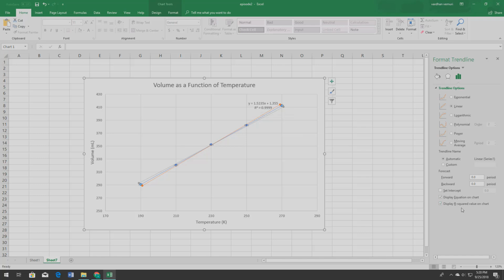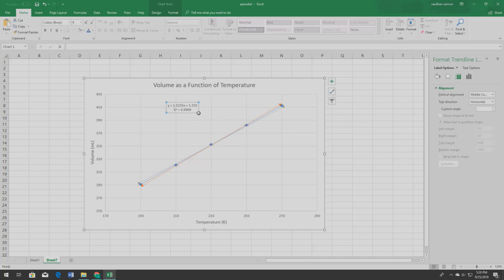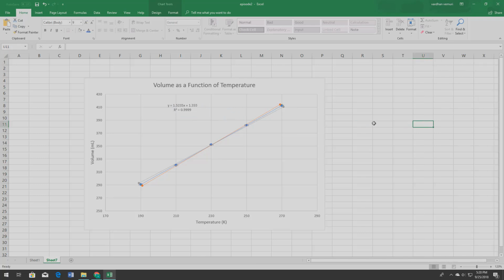You only have to have your R-squared value for your base trend line, your best fit line. And let's color code this appropriately, and then increase the font size. There we go.